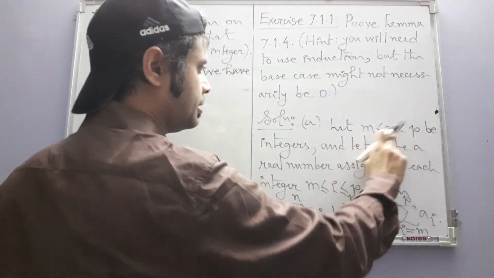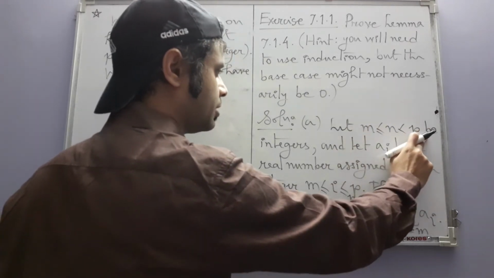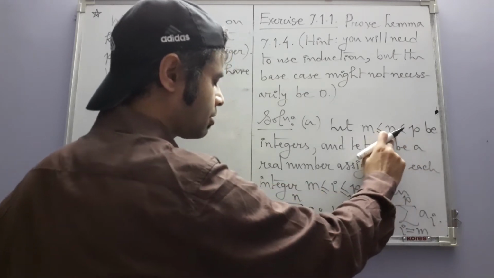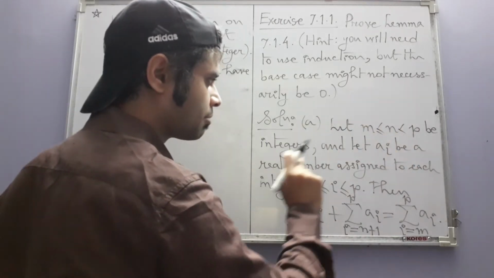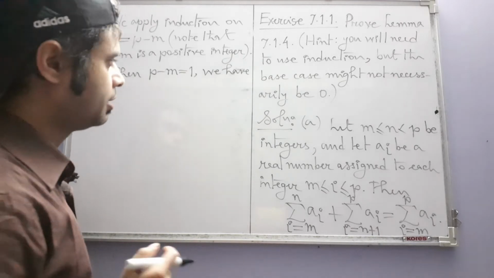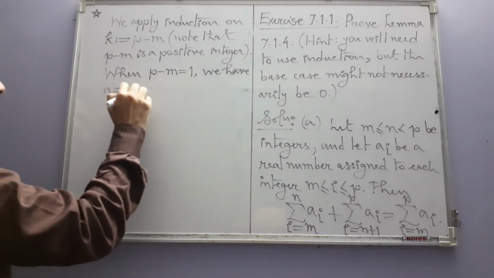So p is just the next integer. We have m here and we have m plus 1. Because n lies in between m and m plus 1 in this manner, the only possibility for n is n equal to m.